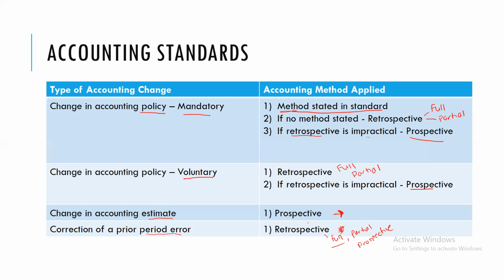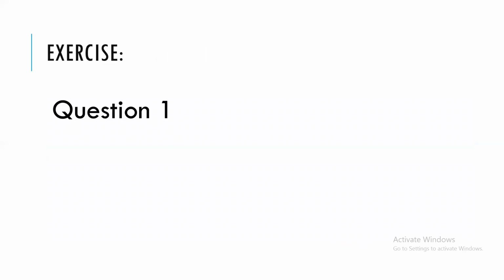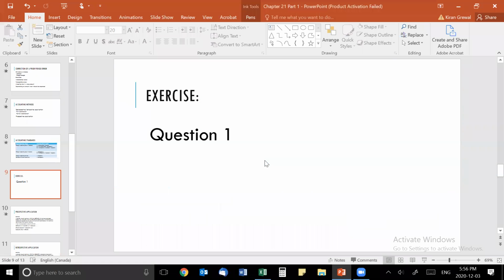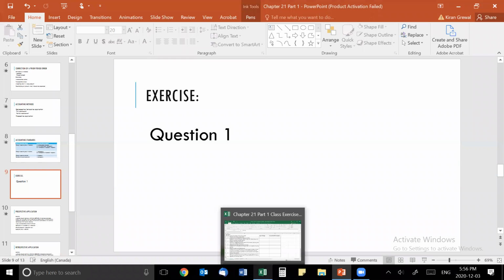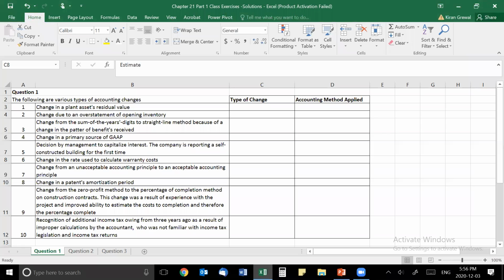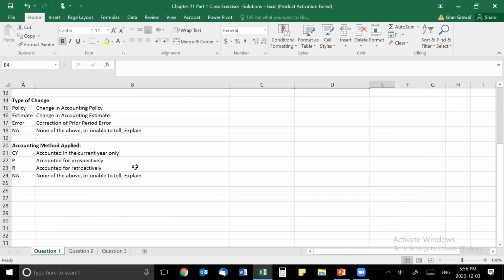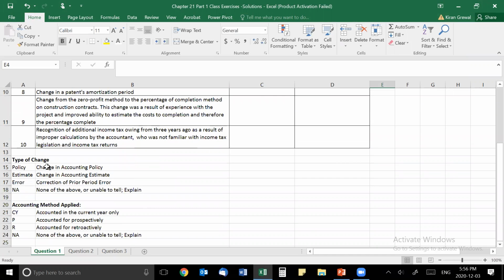All right, so let's try to do question 1. If you go into your chapter 21 class exercises, we can do that here. So we have our question 1. The question goes through what type of change this is and what the accounting method applied is. There's a legend down here that says, is it a policy change, estimate, error, or none of the above?